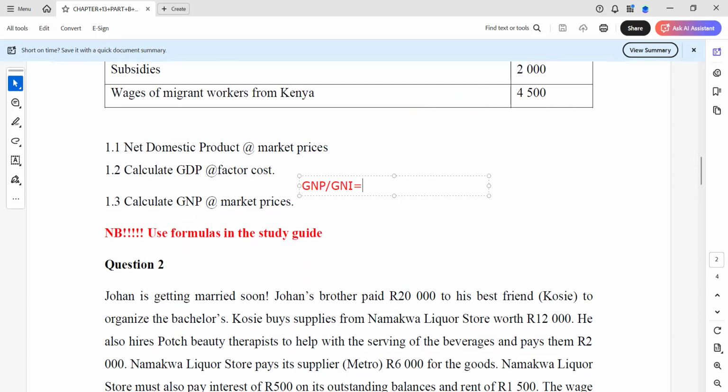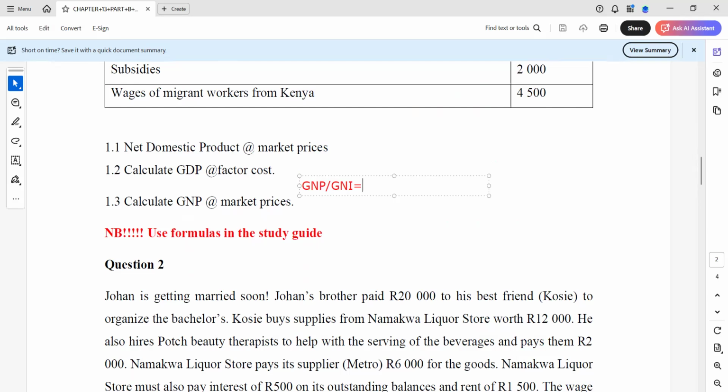For example, we exclude income earned by the foreigners who are in South Africa, right? So to calculate gross national product or gross national income, we're basically looking only at the income earned by our citizens, right? Anyone who's not South African, their income is subtracted from the gross national income.